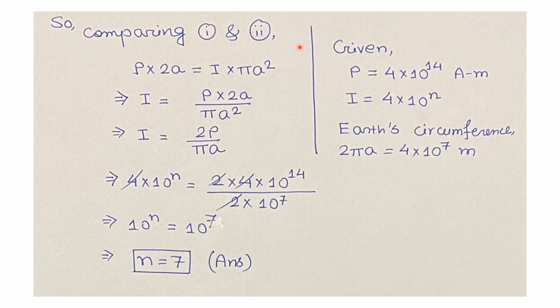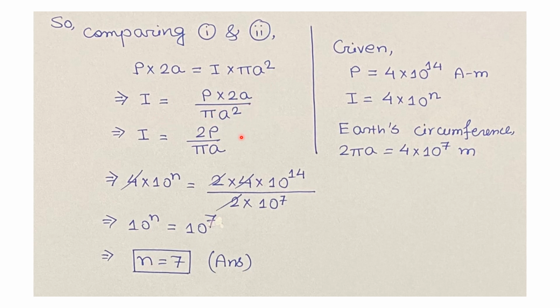Equation 1 was that the magnetic dipole moment equals P times 2a, where P is the magnetic pole strength, and for the current carrying loop the magnetic dipole moment is I times pi a square. So we'll equate these two equations. We get P multiplied by 2a equals I times pi a square. So from here we get I equals P times 2a divided by pi a square.